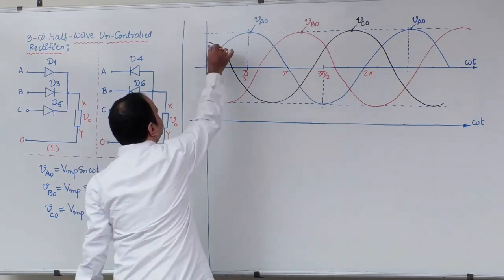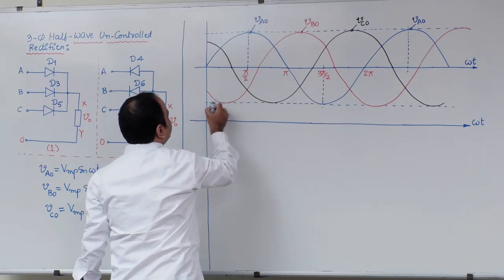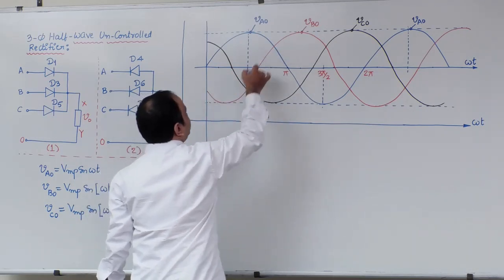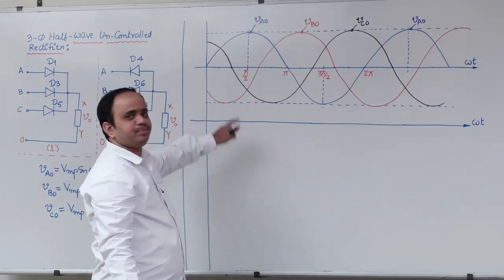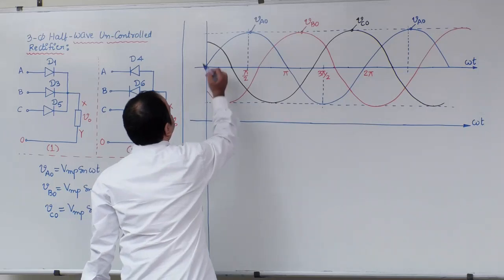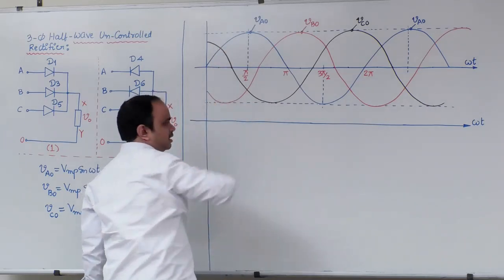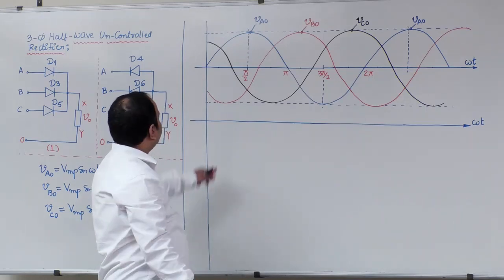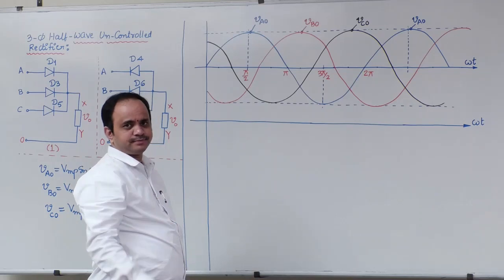At that instant, lower half VBO red sinusoidal has negative peak. I am repeating. In the positive half at 30 degree, blue and black are crossing each other. At that instant, red one is having negative peak.